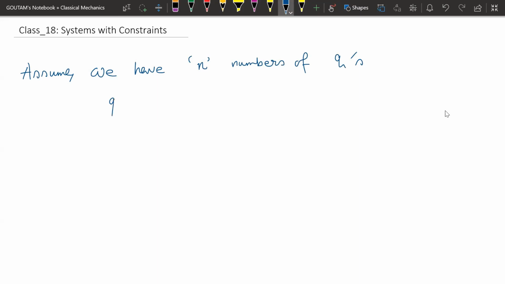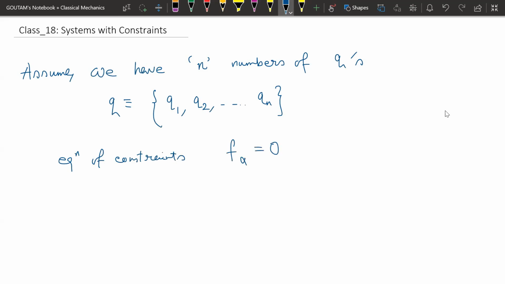That means q is basically a set of q1, q2, dot dot dot qn. And we have constraint equations, equations of constraint, like f alpha equal to 0.